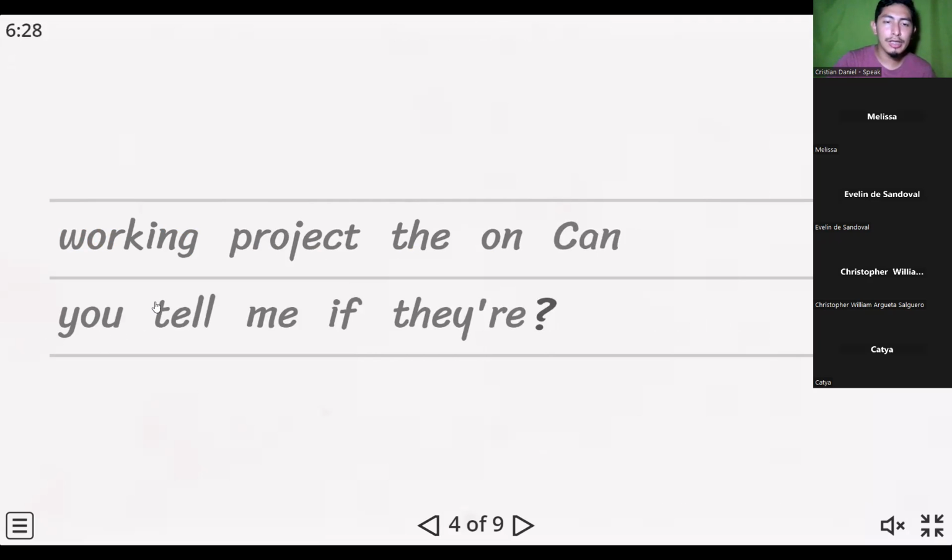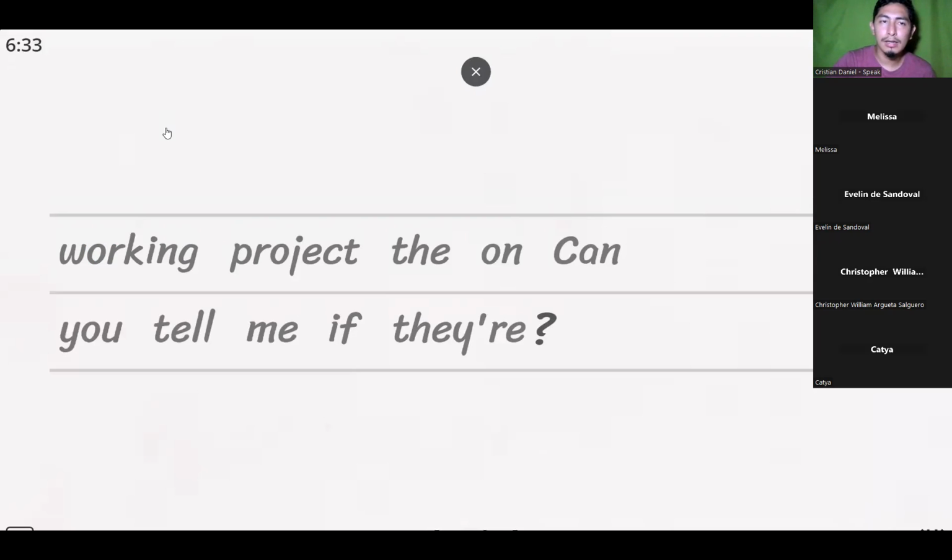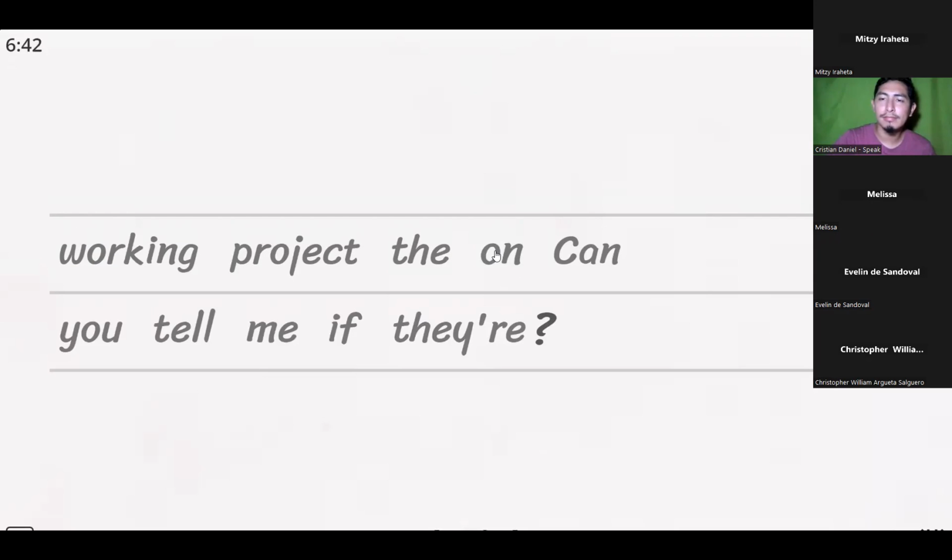Okay, let's see. Can you tell me if they are? What is the next word? If they are working, if they are project, if they are there, or if they are on. Can I help you?